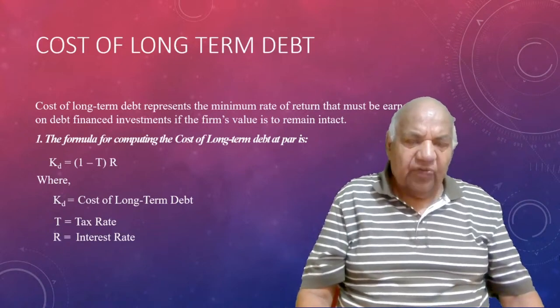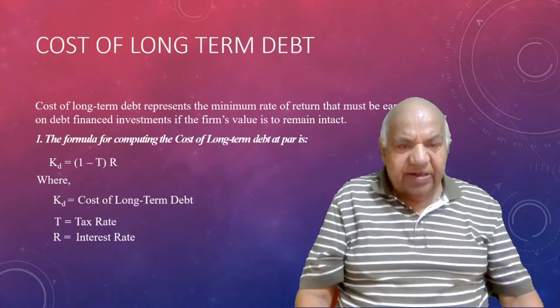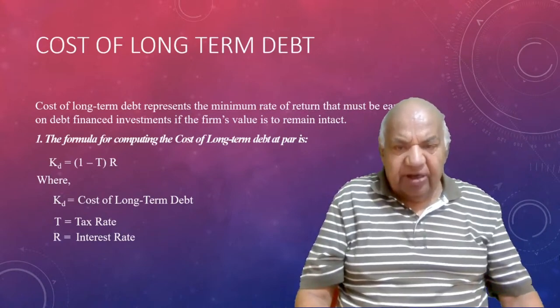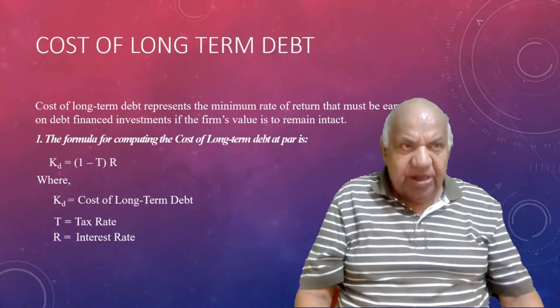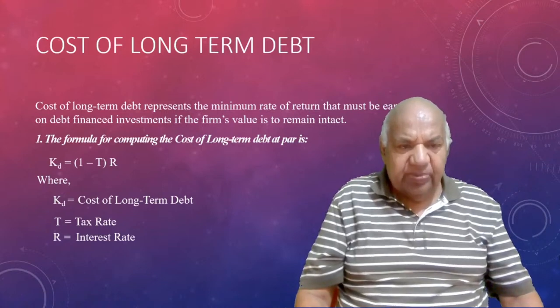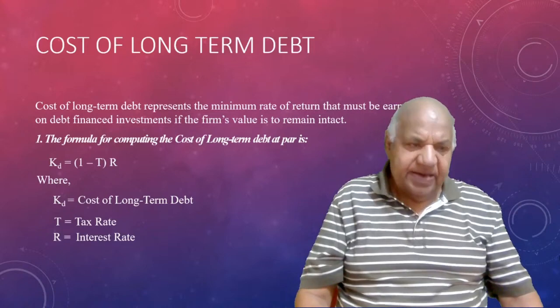First, cost of long-term debt. Cost of long-term debt represents the minimum rate of return that must be earned on debt financed investments if the firm's value is to remain intact.